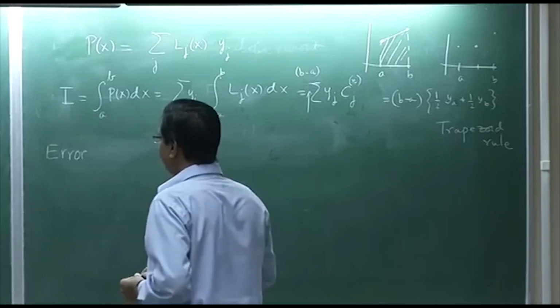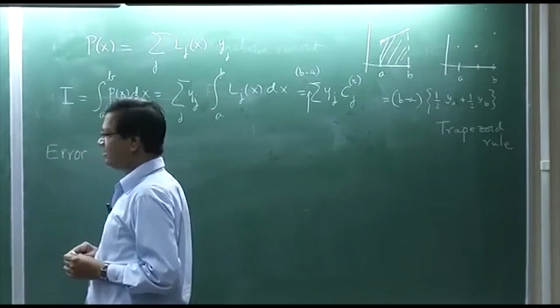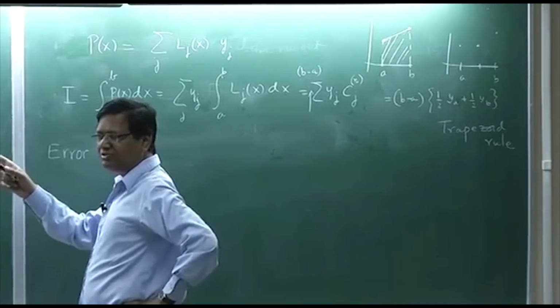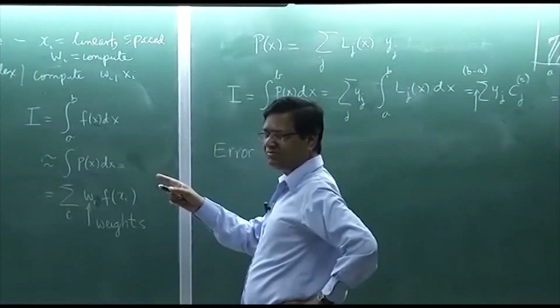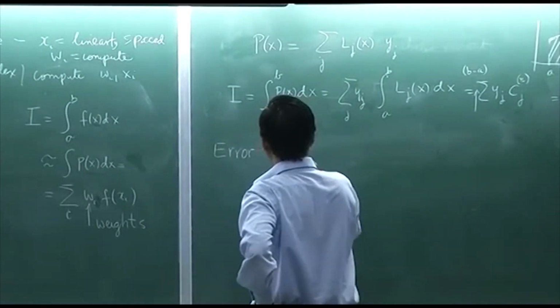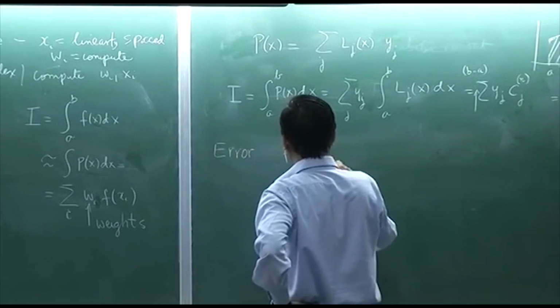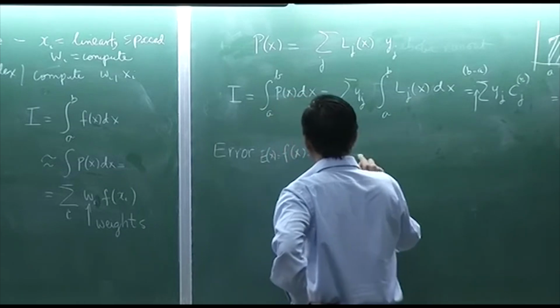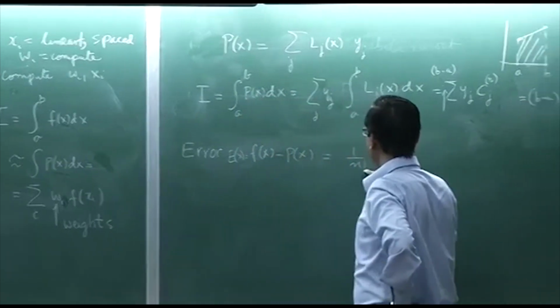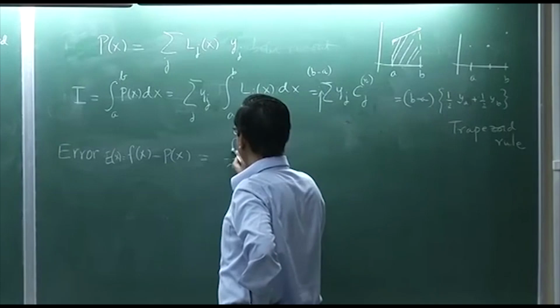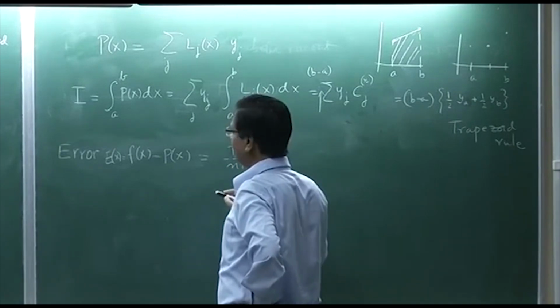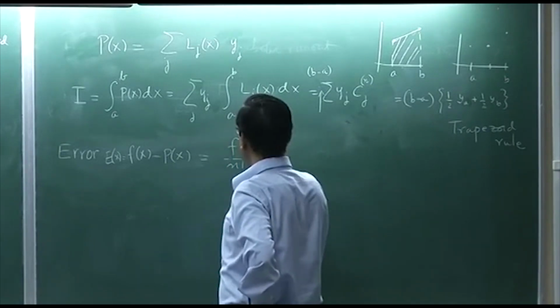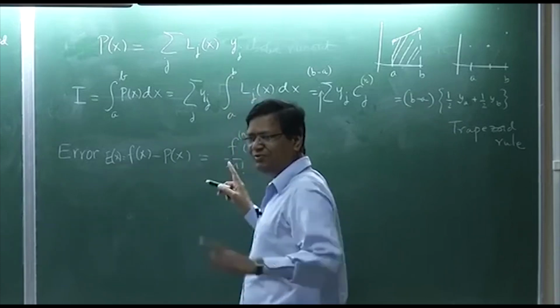Okay, so error I estimate by what is the error in the Legendre polynomial itself. So what is f(x) minus p(x), which is the error E(x)? We said it is 1 over n factorial f^(n)(zeta), where zeta lies between a and b.